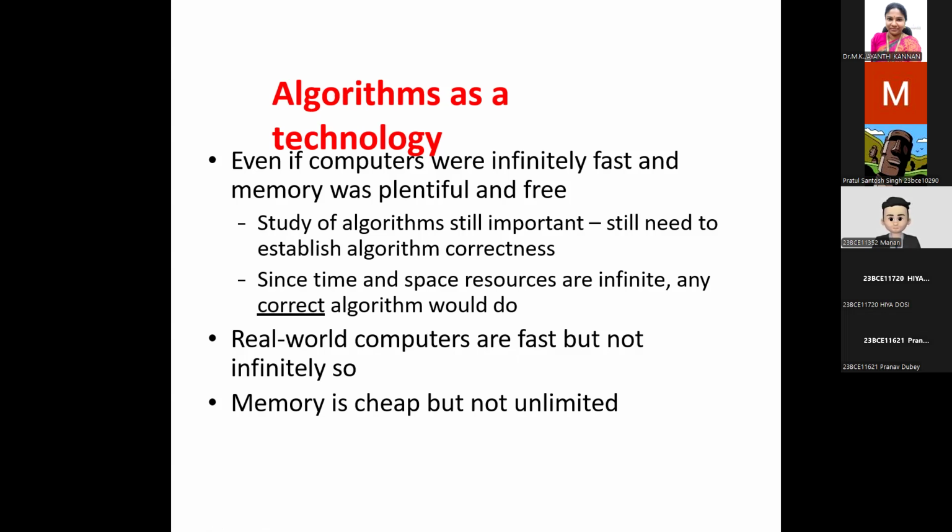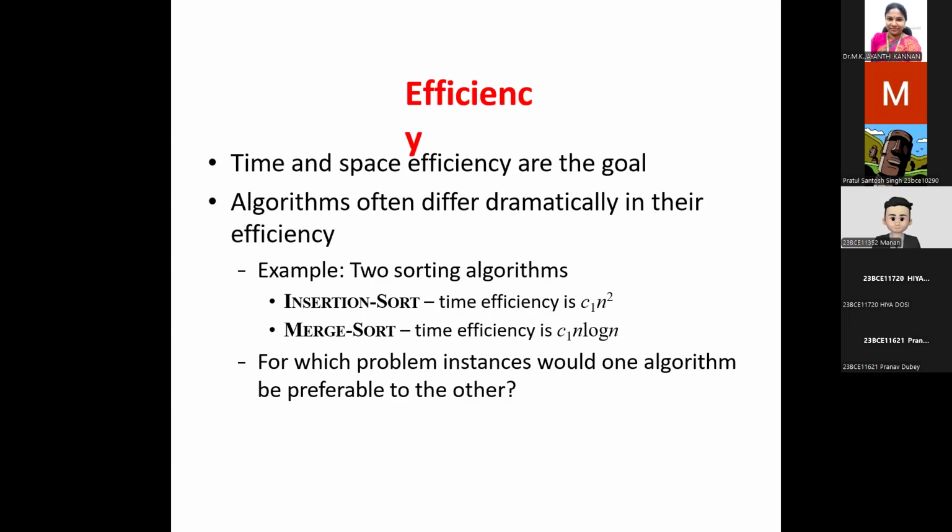But nowadays the memory cost is less. Still, writing programs which occupy less memory space and take less time is an important efficiency parameter. So what does efficiency mean? Time and space efficiency are the goal for any programmer.